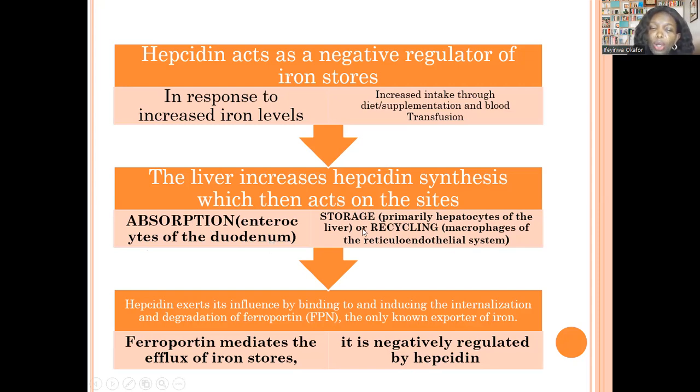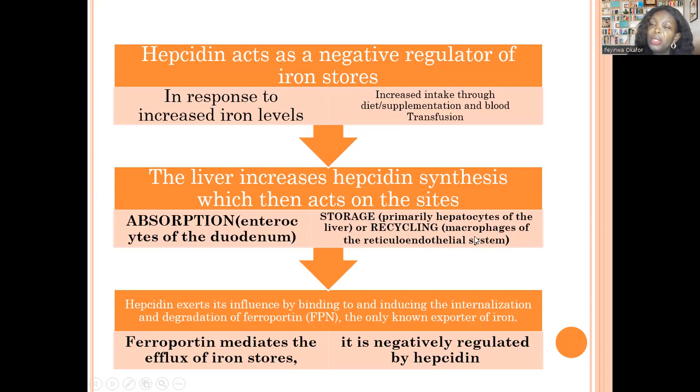The hepcidin can also act on storage sites like ferritin found in hepatocytes, the liver cells, and block the channel through which ferritin releases iron to the circulation, which is also ferroportin. It can also act on the recycled iron.